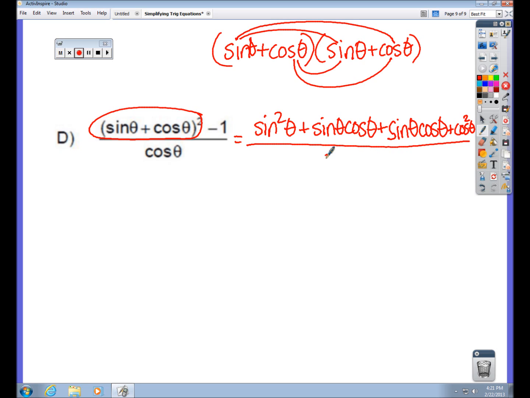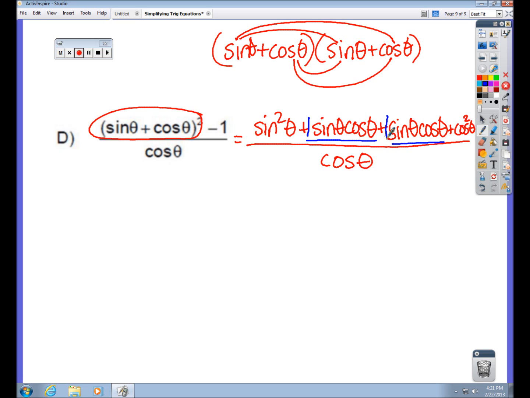Okay, and all of that right now is over cosine. Okay, now we've got a lot of stuff on the top, but there is a little bit of simplifying that we can do because if you look at these two terms in the middle, they're the same. And remember that if there's no coefficient, it's like having a 1 there. It's just like if you had an x plus an x.